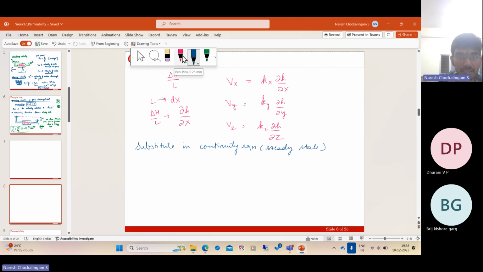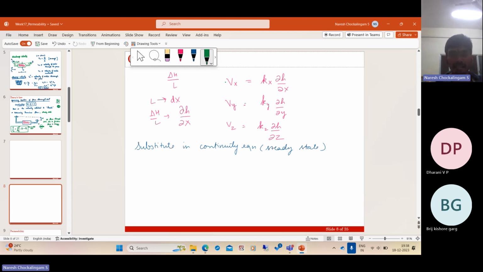That was the continuity equation. Now, assuming Kx, Ky, Kz are material properties and are constant, they don't vary with X, Y, Z. They can be different in different directions, but if you take two different points, Kx, Ky, Kz are assumed to be the same.